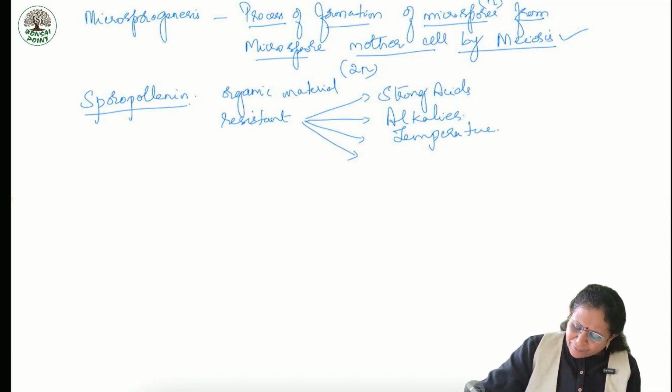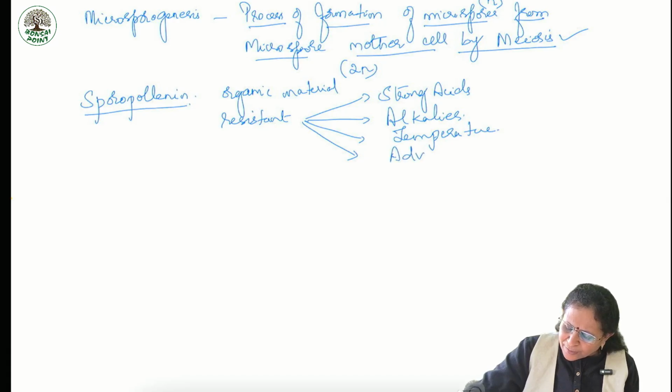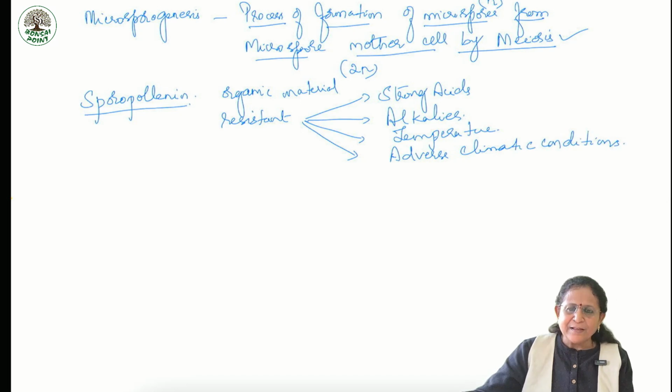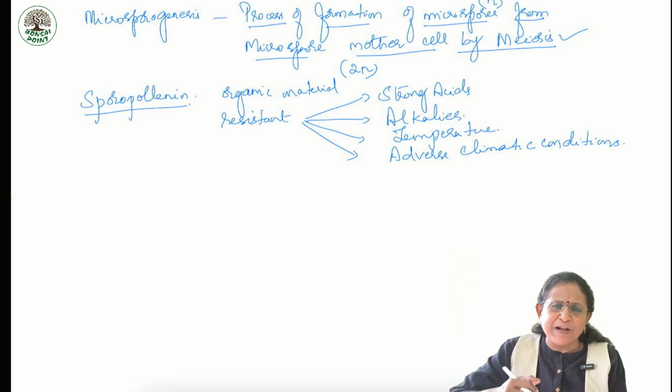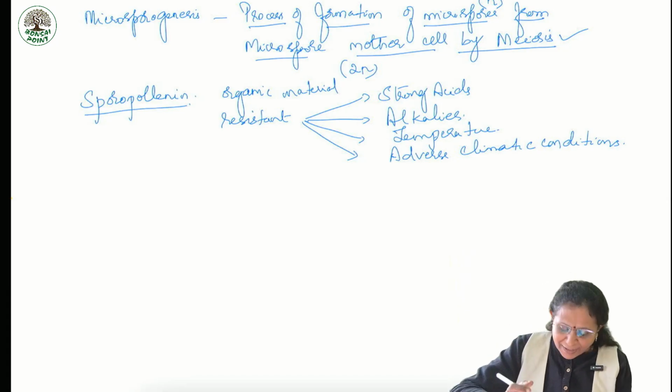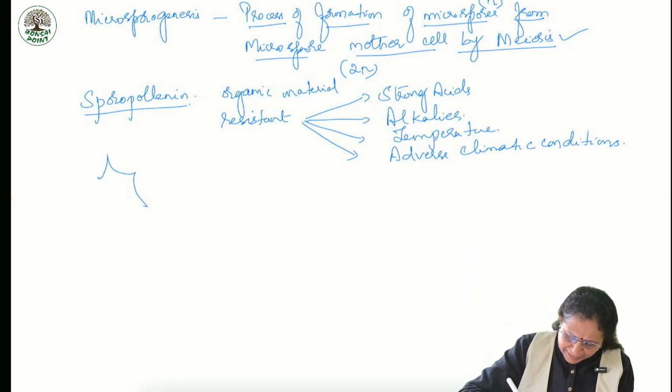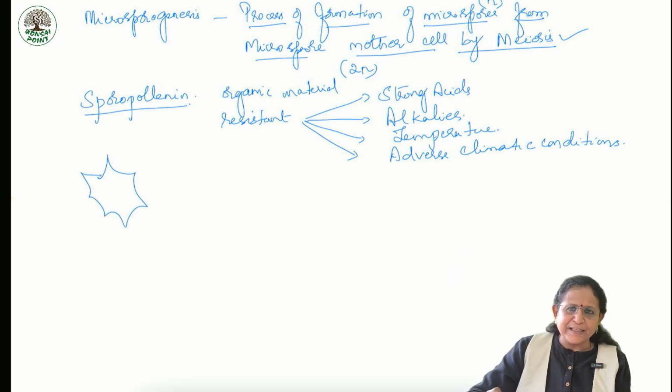And it can withstand any adverse climatic conditions. Okay, sporopollenin can withstand any sort of adverse climatic condition. So, this is present where? In the exine of pollen grain.